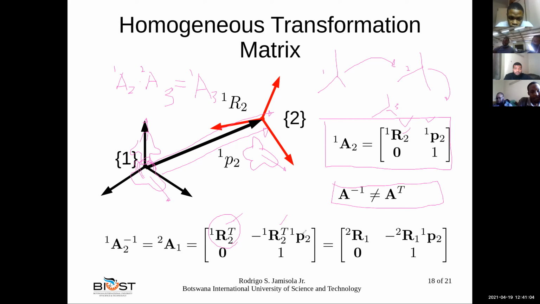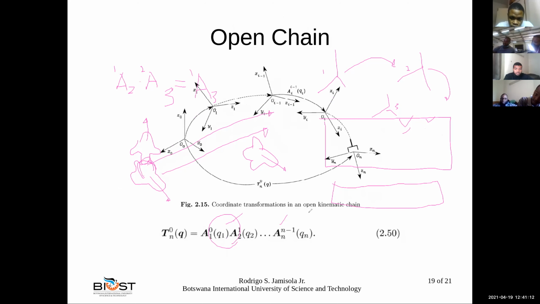The post multiplication and the pre-multiplication apply the same way as with the rotation matrix. That's what I want to emphasize.